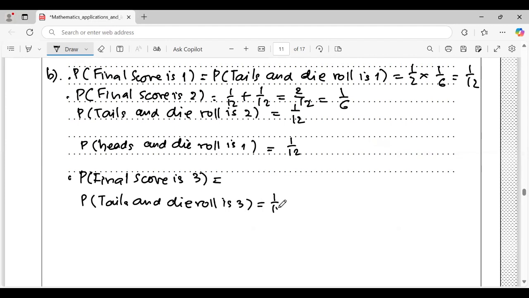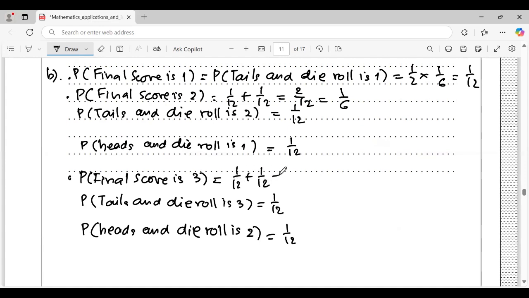It is 1 over 12, and the second probability, heads and die roll is 2, 1 over 12. So it is 1 over 12 plus 1 over 12.